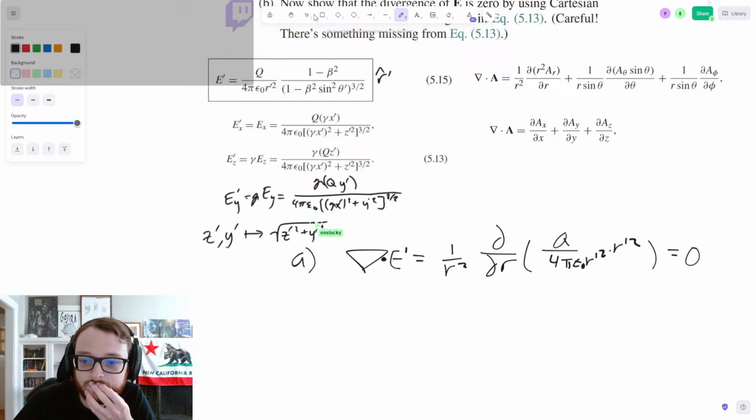This is what Femfox was saying, make this substitution, because they're both radial. Does that give us what we want? Oh, and that gives us what we want. Yeah, it definitely gives what I want in the denominator.